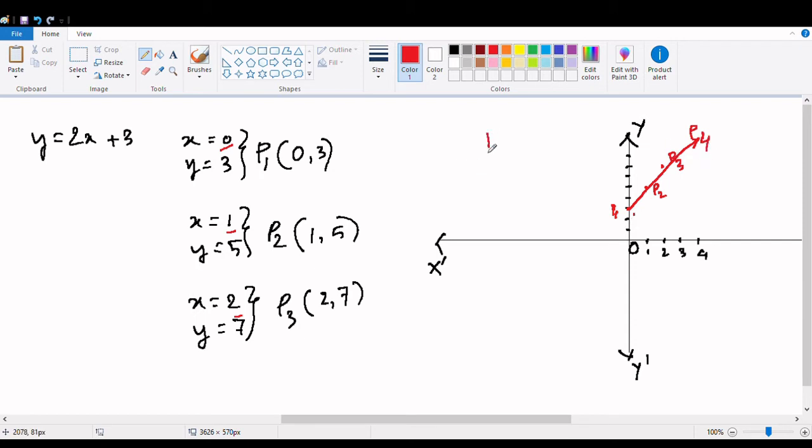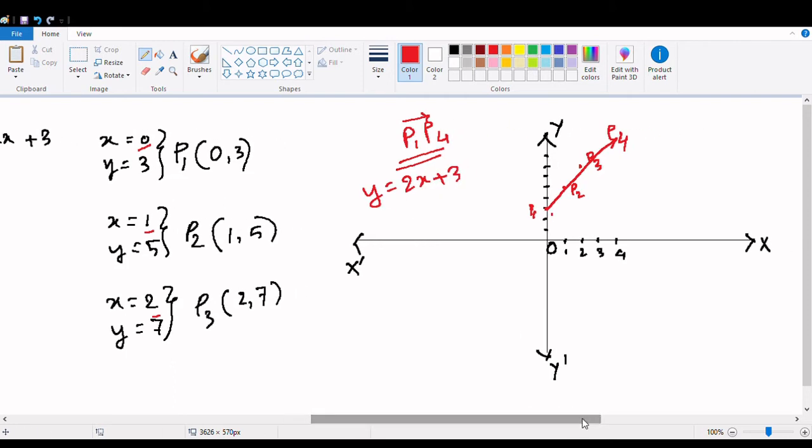So P1 to P4 is the straight line representing the equation y equals 2x plus 3. In this picture, you can see that we have plotted the value of y in this direction and the value of x in this direction.